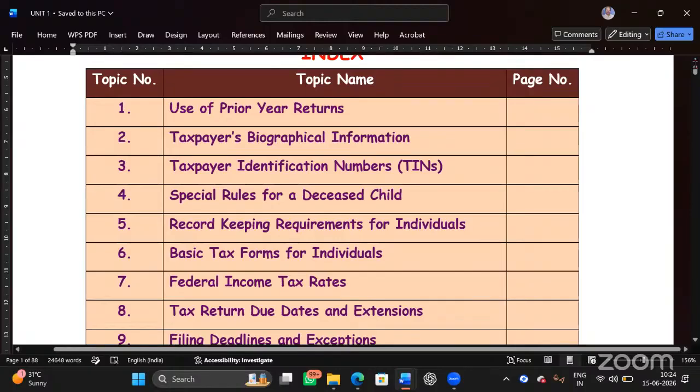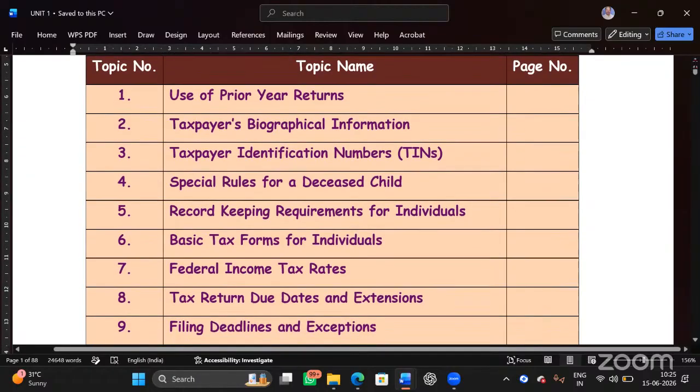All this information will be covered in the second subunit, taxpayers biographical information. Based on this information, the tax burden, the tax rates, tax amount will be changed automatically. That is the reason it is playing a vital role in filing of the tax return in the current year.